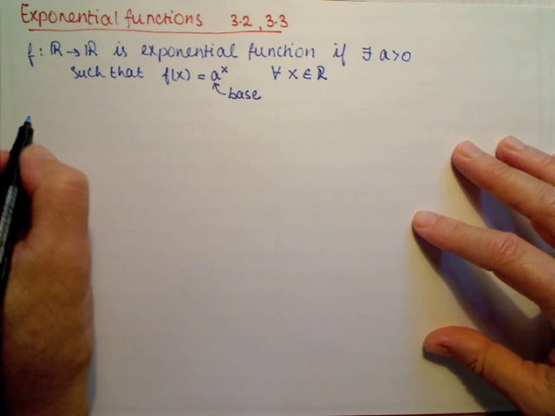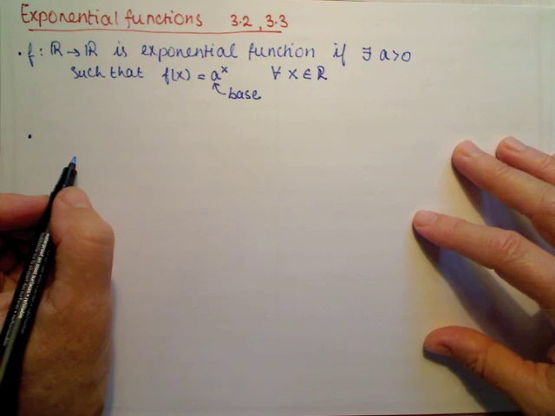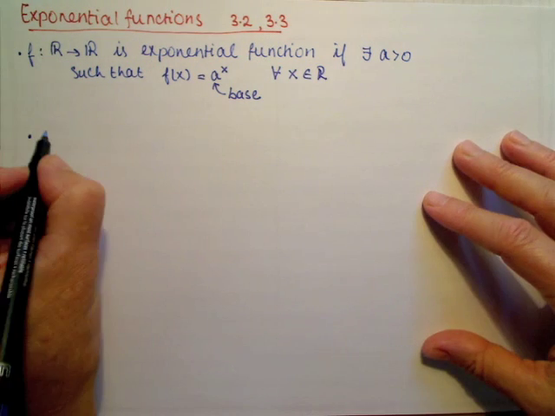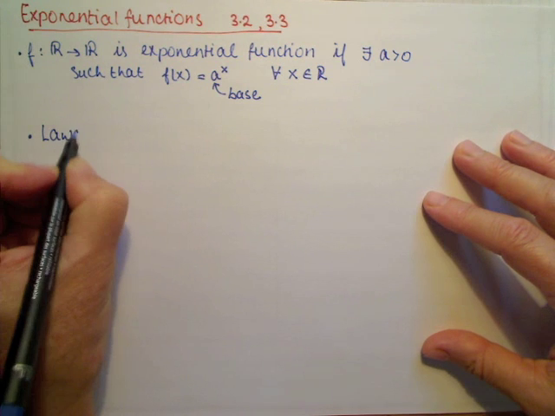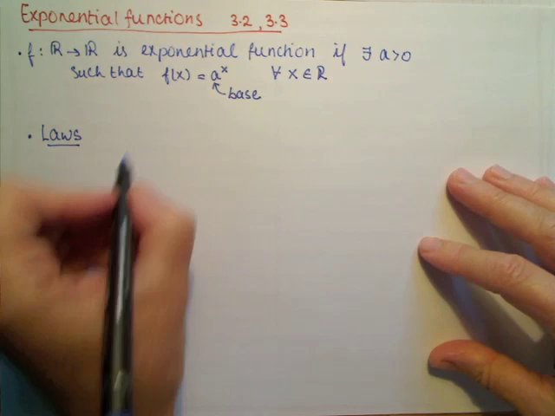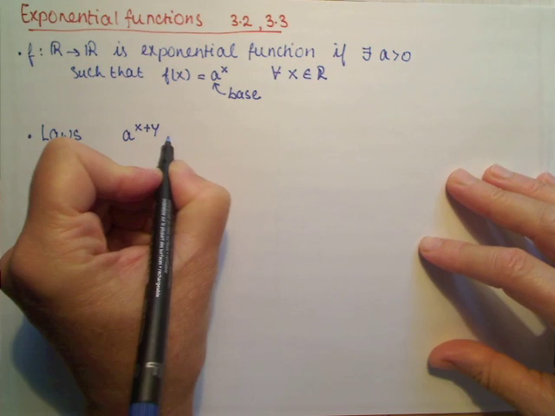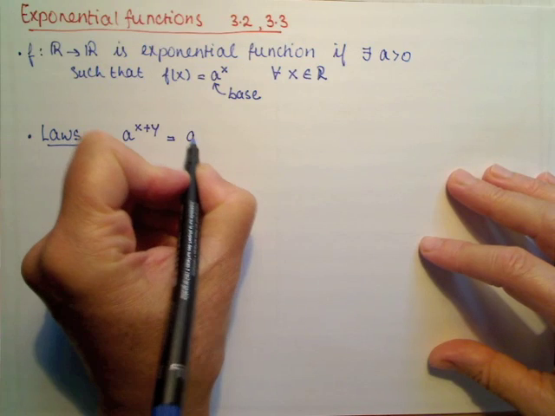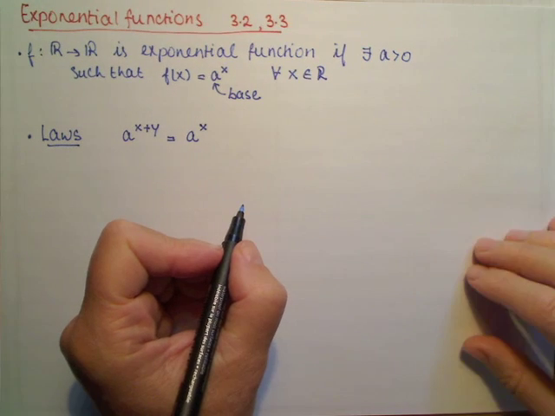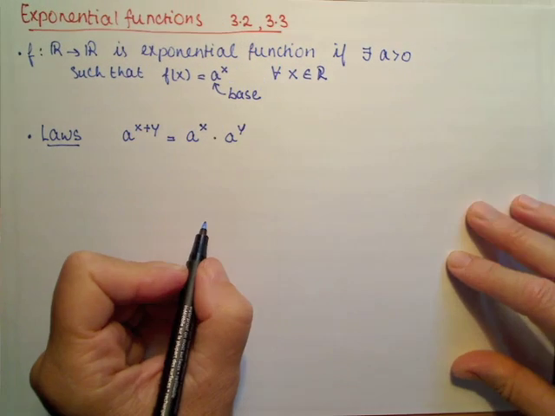Now we have a number of laws, so I will discuss these before drawing the graphs of these exponential functions. The laws of multiplication are the following. If we raise a to the power x plus y, then we get the same result when we raise a to the power x and multiply it by a to the power y.